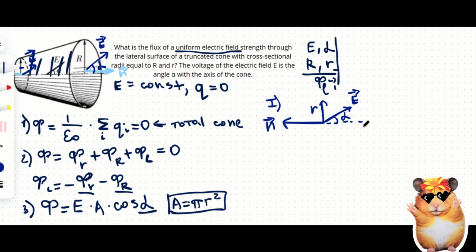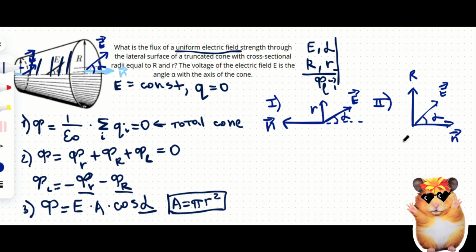For the second, for the big base, it is our radius, the normal, and the electric field with the same angle.